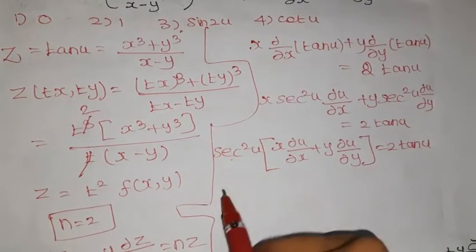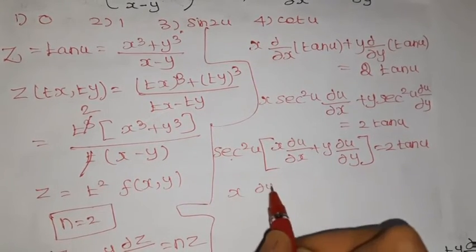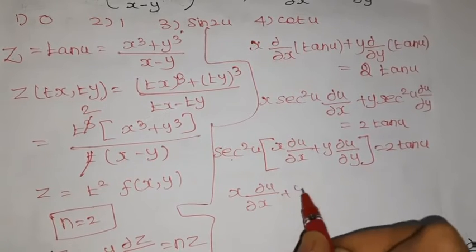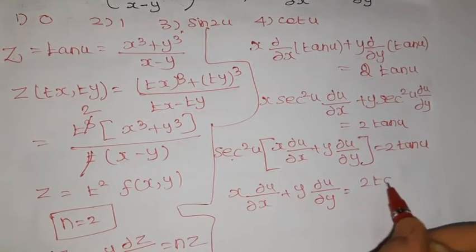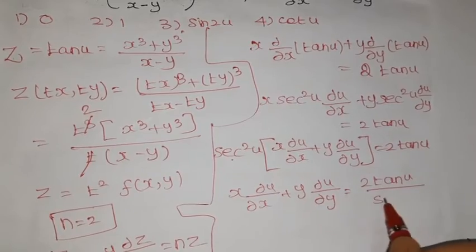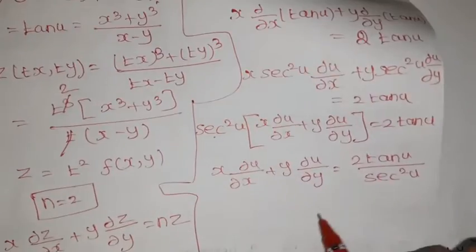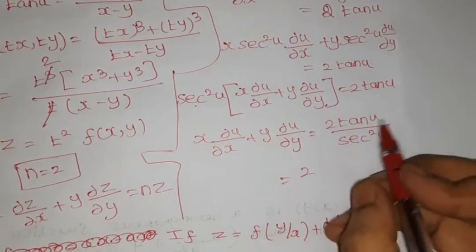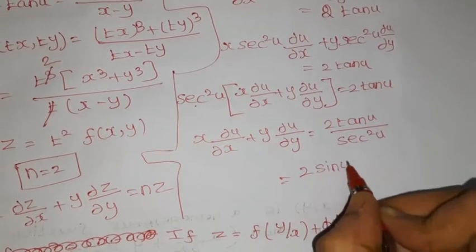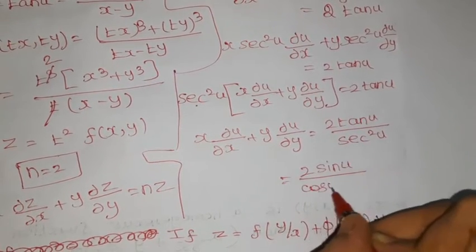Then this will go to that side as x ∂u/∂x plus y ∂u/∂y equal to 2 tan u by secant squared u. So how can we simplify? We can write in the numerator tan u, and tan u can be written as sin u by cos u.